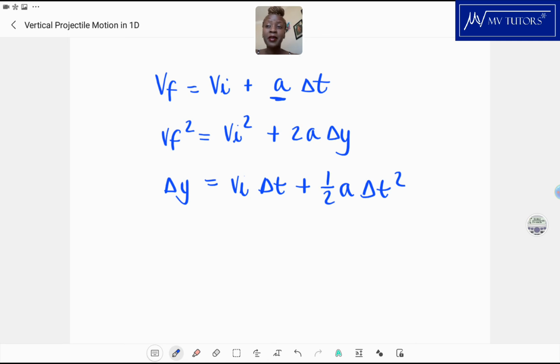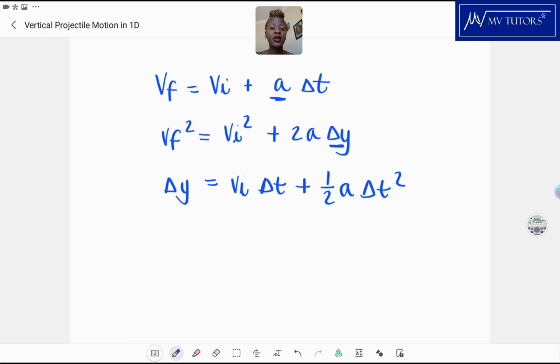Remember, if you take downwards as positive, then your gravitational acceleration will be positive 9.8 meters per second squared. It also affects your displacement. If you take downwards as positive, your displacement will be positive, but it really does depend, just as we have discussed before. So be very careful and mindful of your signs depending on the direction that you took.